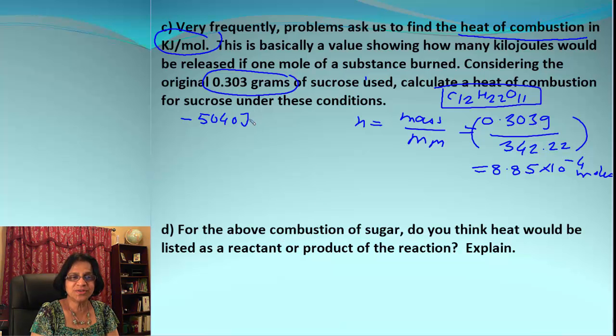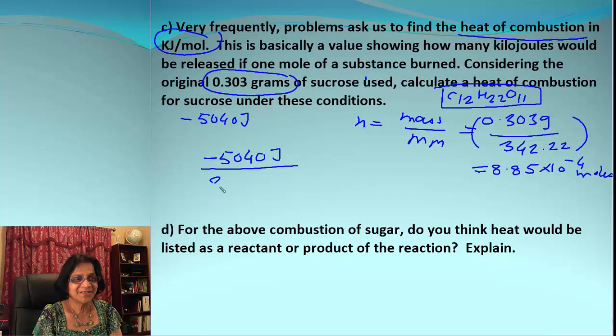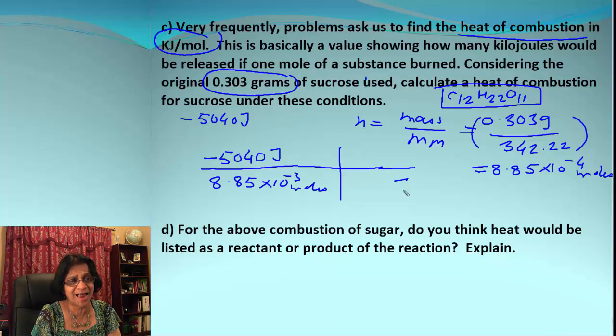Now this heat is in joules and we want kilojoules. If you divide the amount of heat by the moles, we get joules per mole. But we need to keep in mind we want our final answer in kilojoules, so we can continue the conversion from joules to kilojoules.